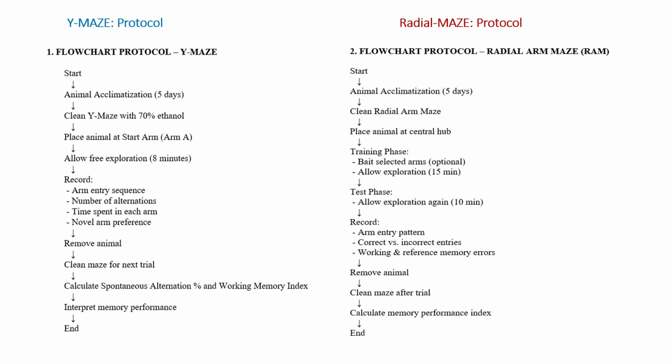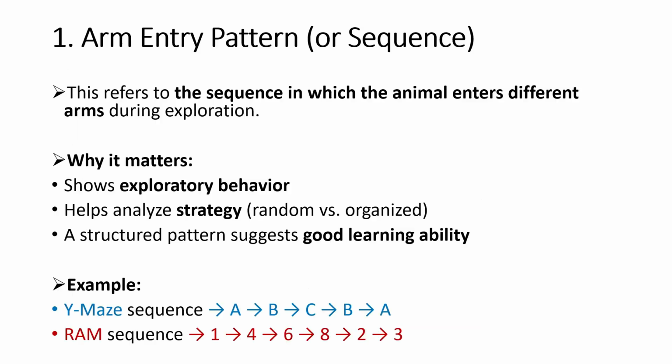We see all the terminology that we have seen till now in this video. So arm entry pattern or sequence. This refers to the sequence in which the animal enters different arms during exploration. Why does it matter? It shows exploratory behavior and helps analyze strategy, random or organized.